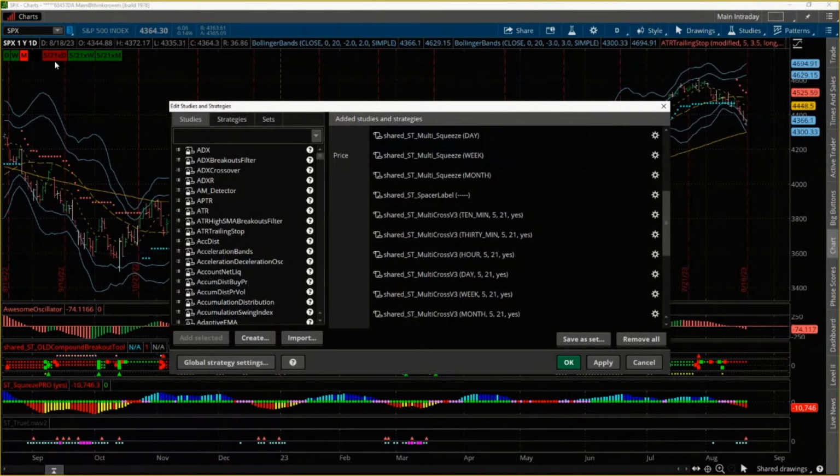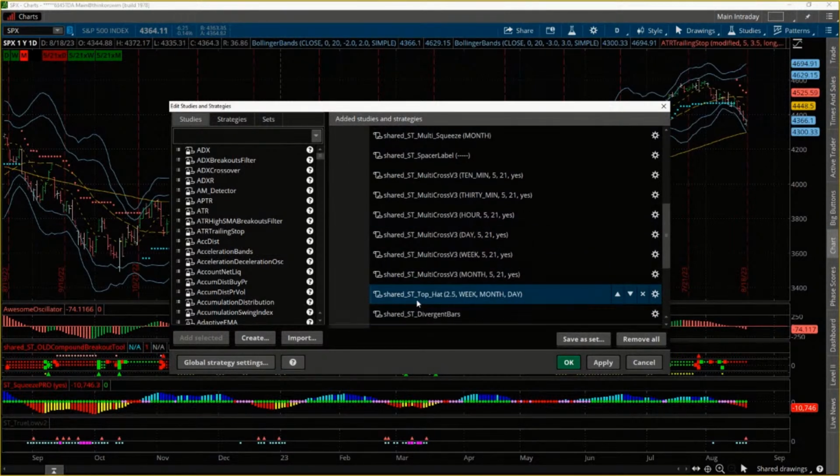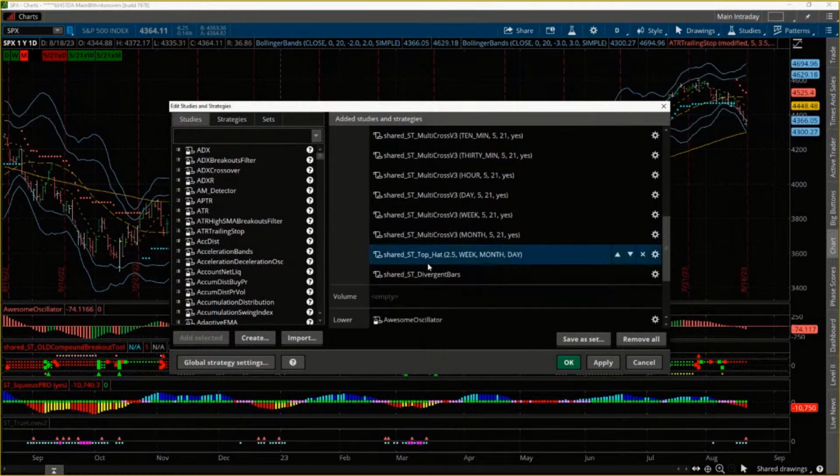So I might need to be on the lookout for a bigger rollover move. And so it just gives you that flexibility of knowing that's happening without pulling up all those time frames to necessarily confirm it.